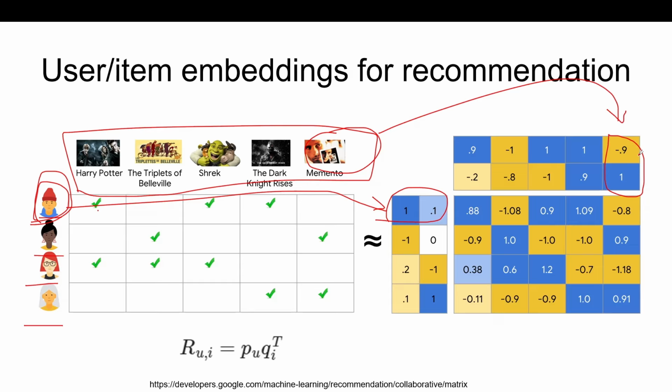If the user embedding has a good alignment with the item embedding, their inner product will be high, and we can say that this user will likely have a high rating for this item.